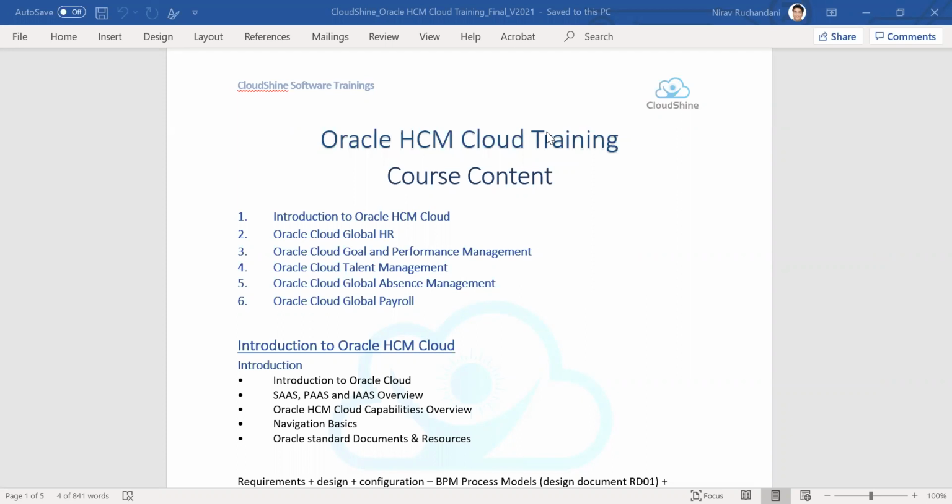For global HCM you have a certification, then there is a certification for goals and performance, and one for payroll, etc. After you complete, say, global HCM, which takes 2 to 3 weeks, if you play around or do hands-on for about 4 to 6 weeks, then you should be in a position to complete the certification. But certification is more theoretical in nature.